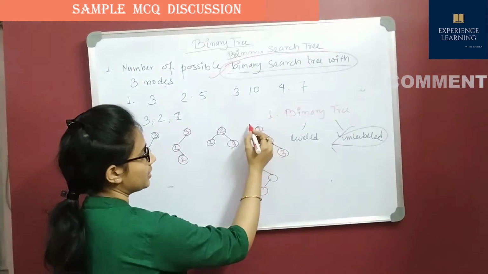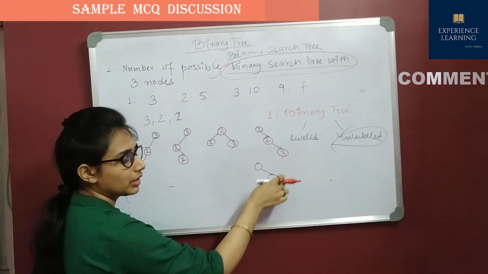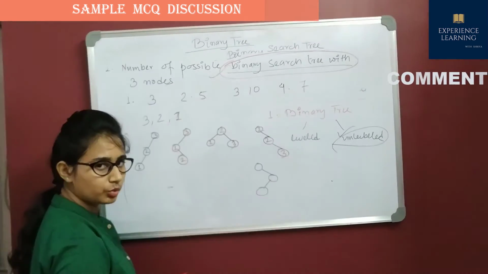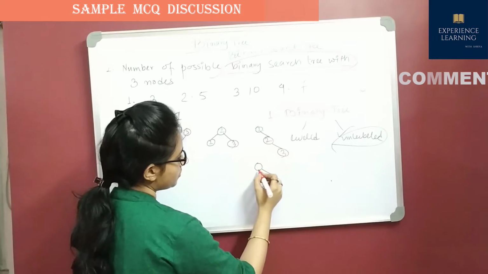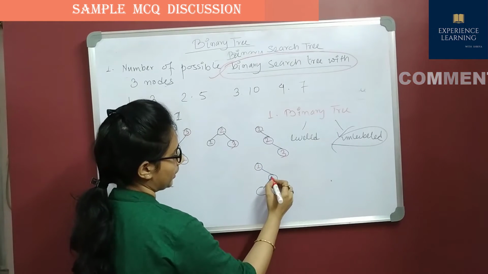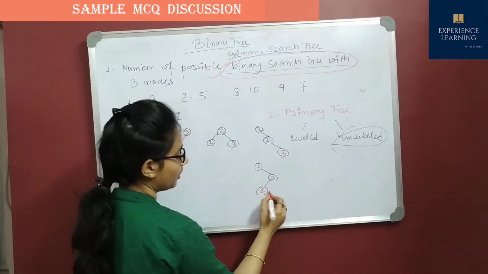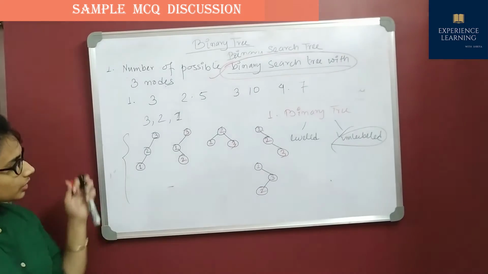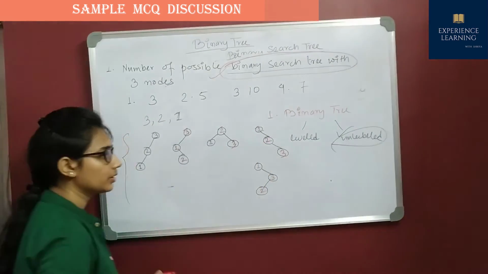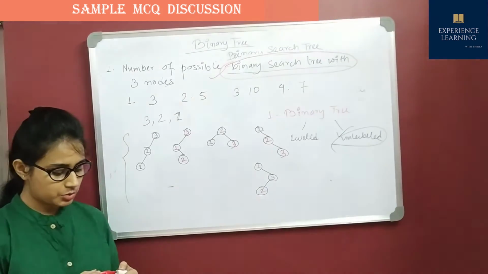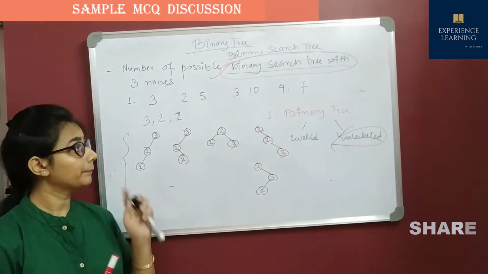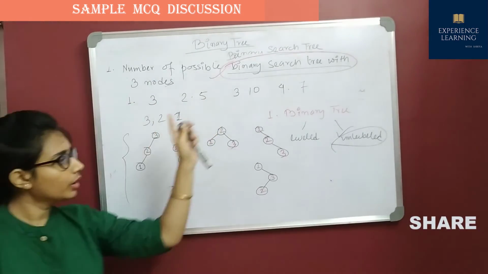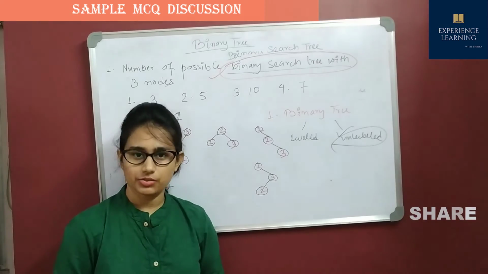Because if I write here 2 and then 1, then 3 will actually violate the rule. And for this one, 1, I can write 3, then 2. So here only 5 unique keys are possible in case of a binary search tree or binary unleveled tree.